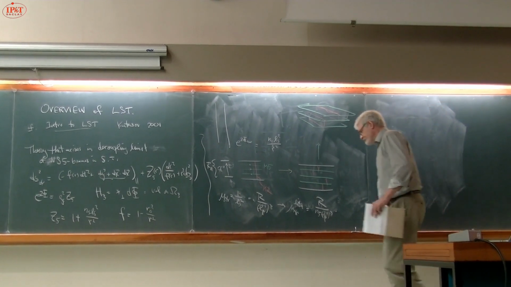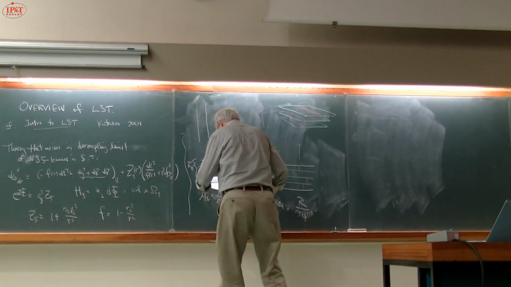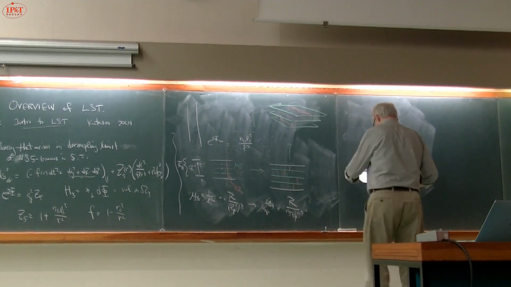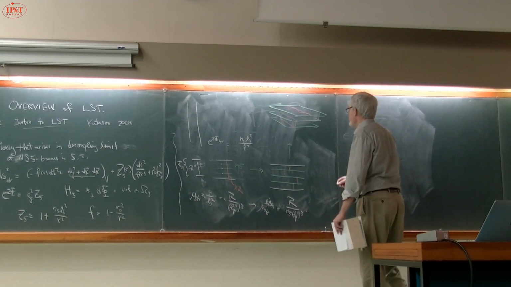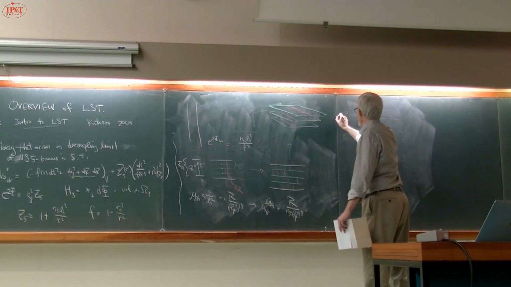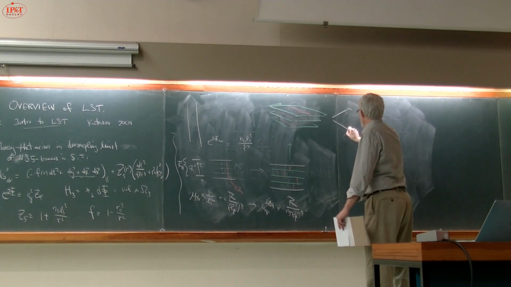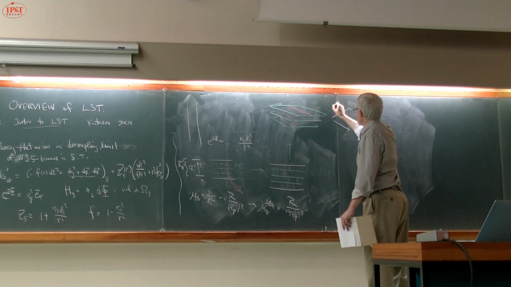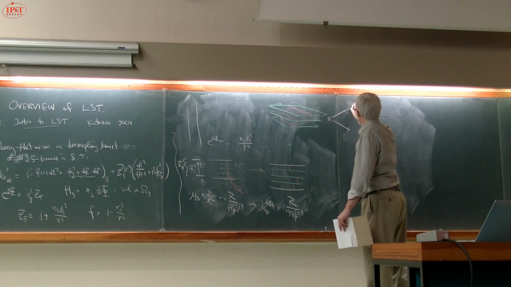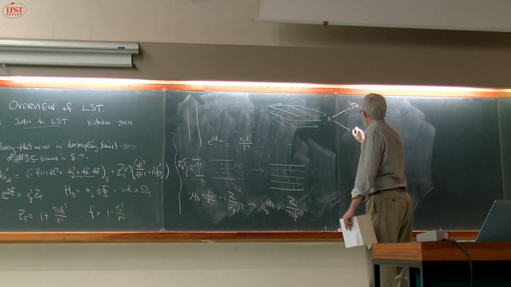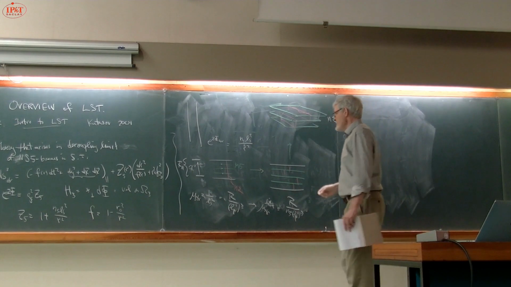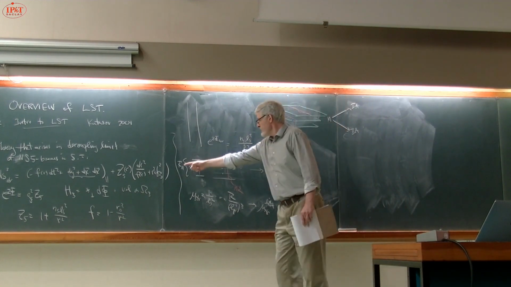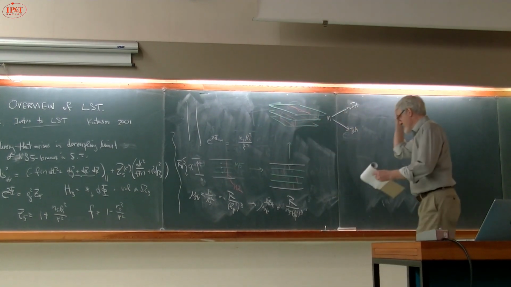Now, for what we're going to do a little later, we can take this picture back down to, so M to type 2A in two different ways. One is we can just re-reduce along R11.